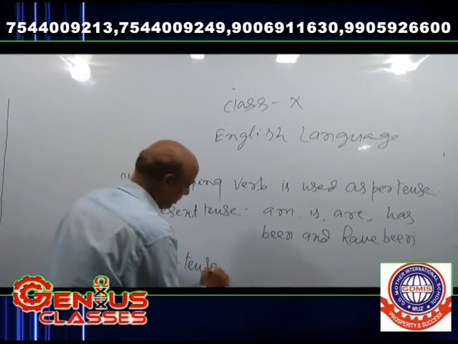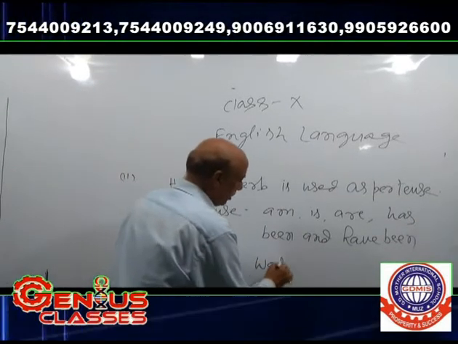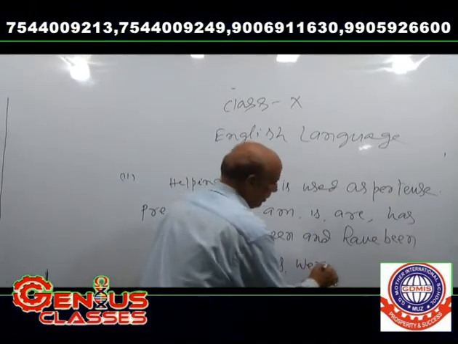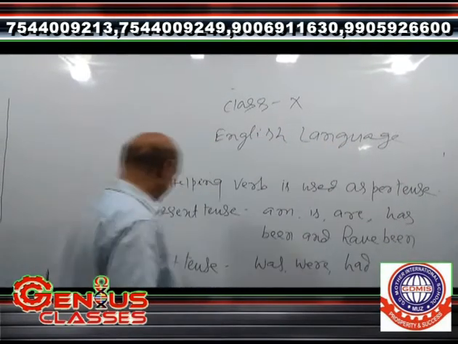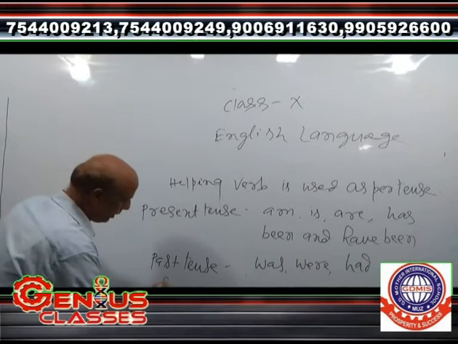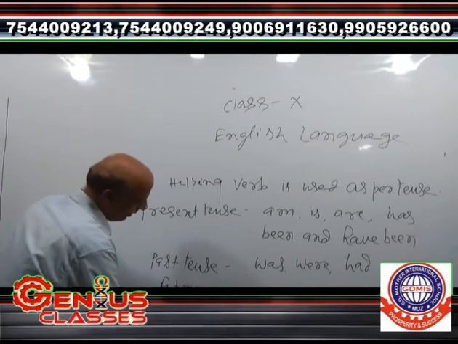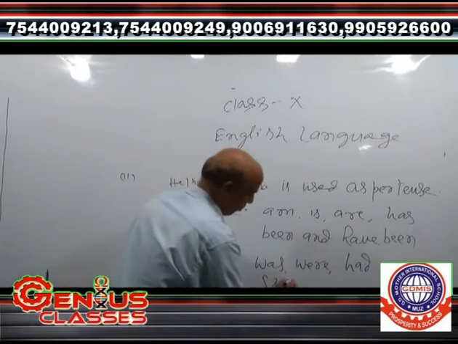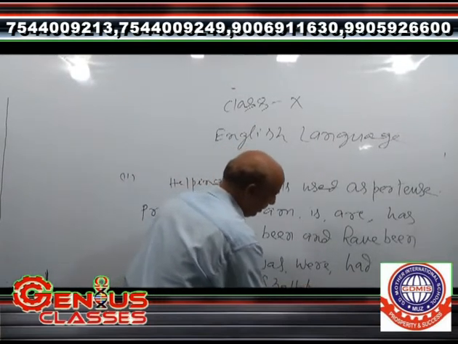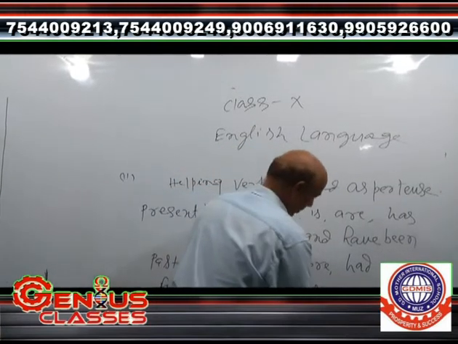Past tense: was, were, had been. Future tense: shall be and will be.